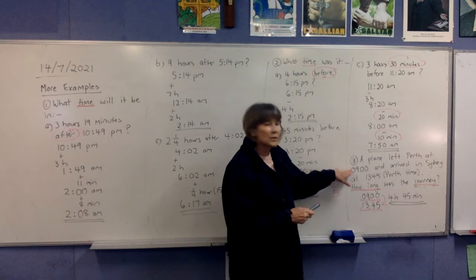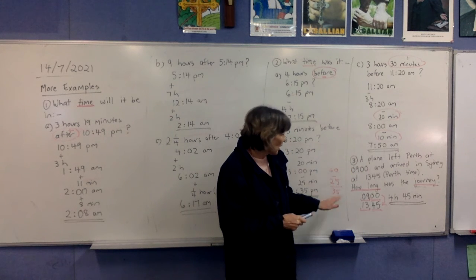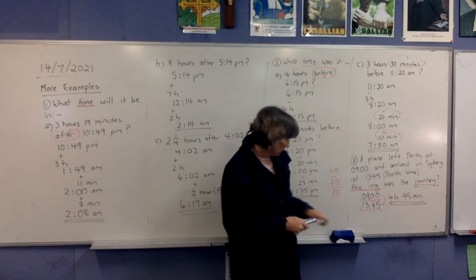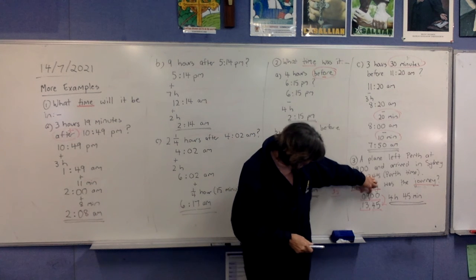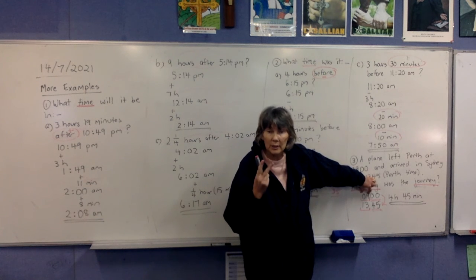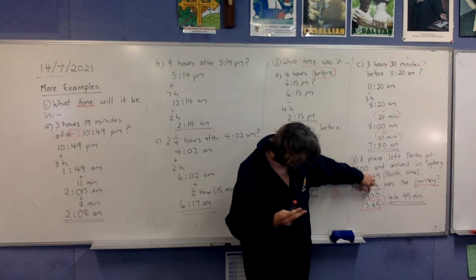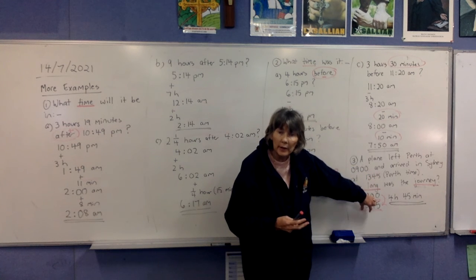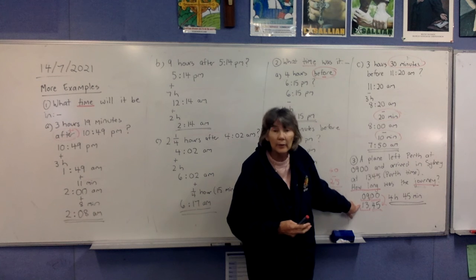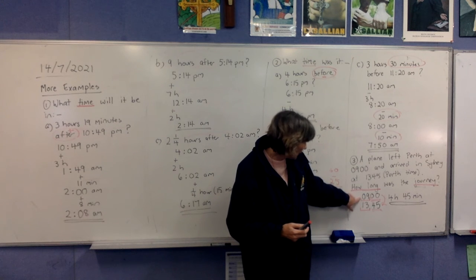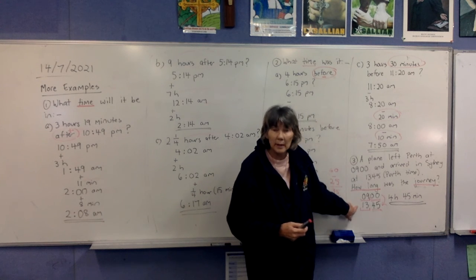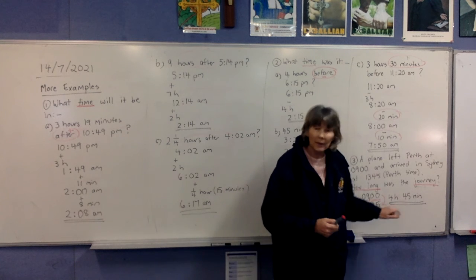So it leaves at 0900 and it arrives at 13:45. So you have to remember that these 2 digits at the beginning are your hours. So we want to look at the 09 and the 13 and see what did we add on there. Well, we added on 4 hours there. So that's part of our answer.